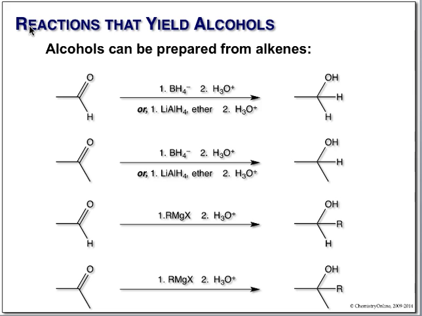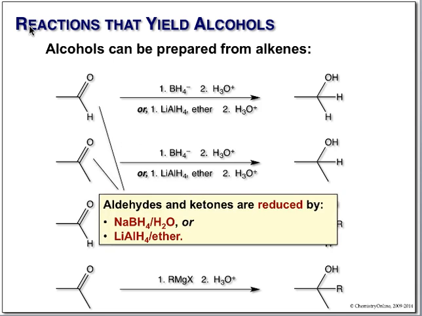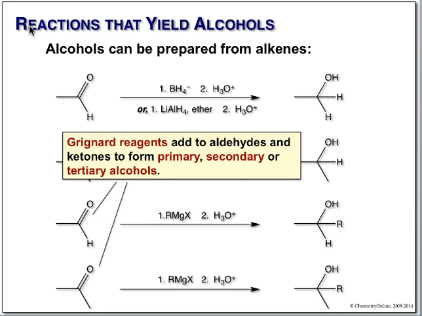Grignard with a ketone will give a tertiary alcohol. Chapter 17 again. Here it is in writing. Aldehydes and ketones, Grignards, again, secondary and tertiary alcohols.